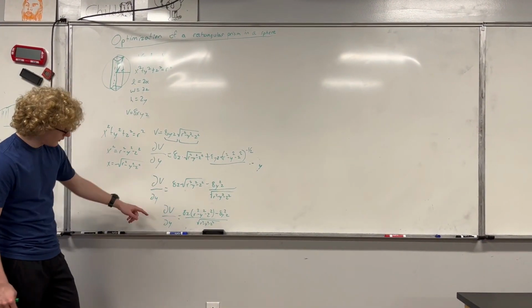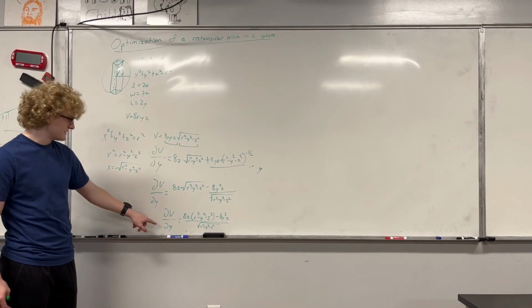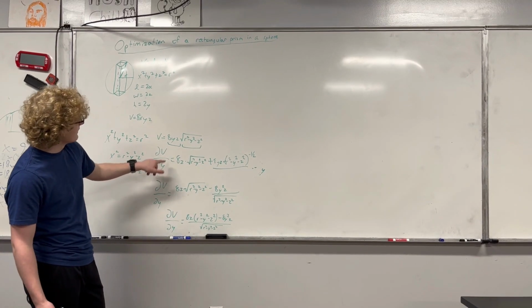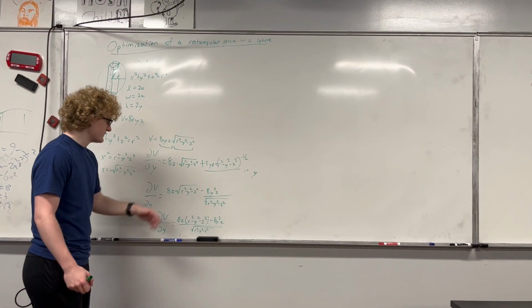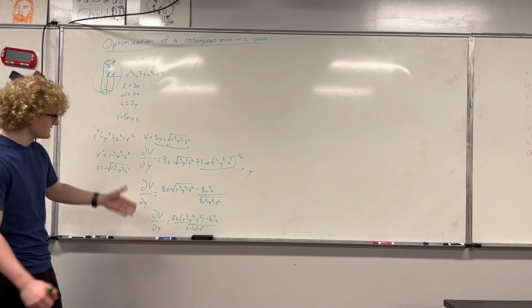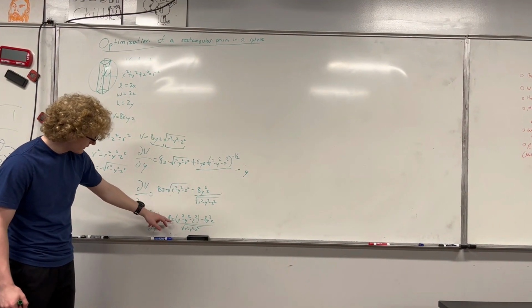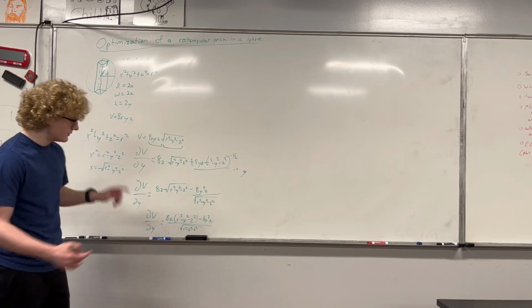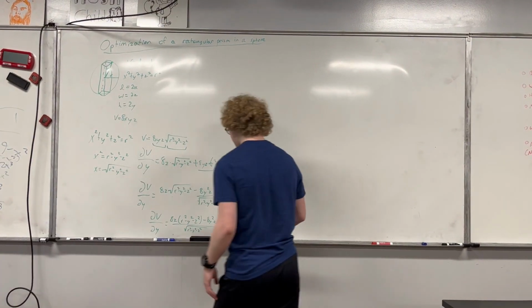Because we know optimization requires you to set this equal to 0, we're going to use that as a cool little trick. We're going to take the partial derivative with respect to y, and then we're going to take the partial derivative with respect to z. So we do the same process. I'm not going to rewrite it on the board because it's the exact same thing, except every single z here is a y, and every single y becomes a z. You just flip them around because it's the exact same process. Nothing changes.